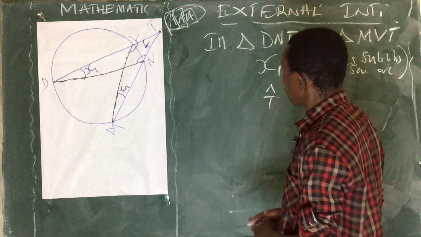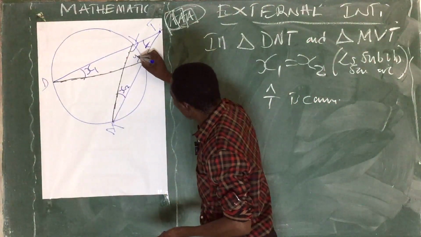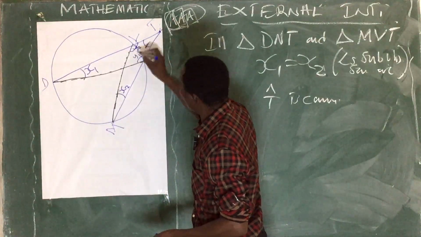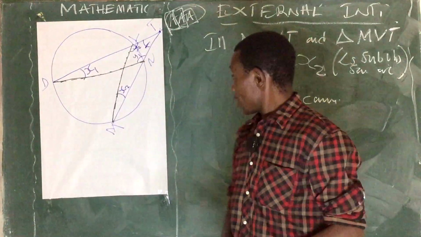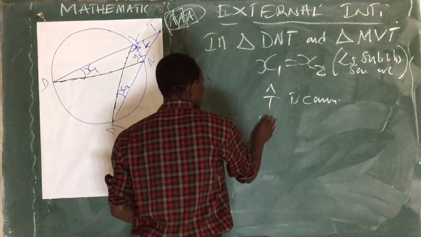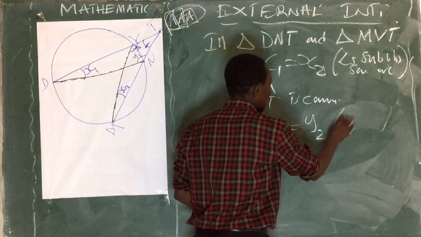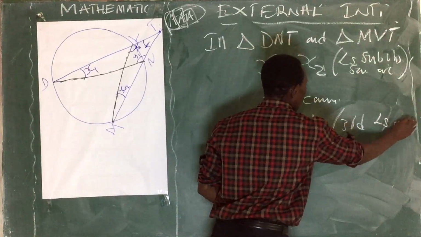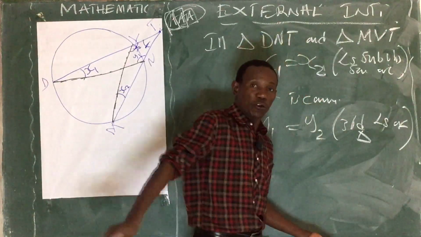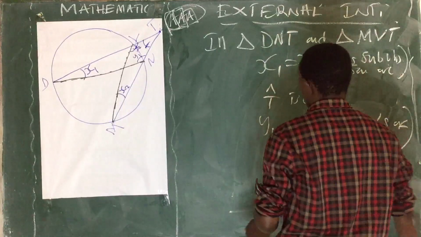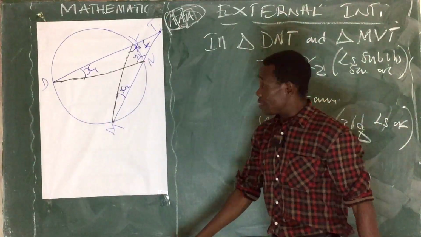So in this case, we also deduce that y1 is equal to y2 in that triangle. You write y1 is equal to y2. These are third angles of a triangle, and they must be equal. So we have satisfied the three A's there.